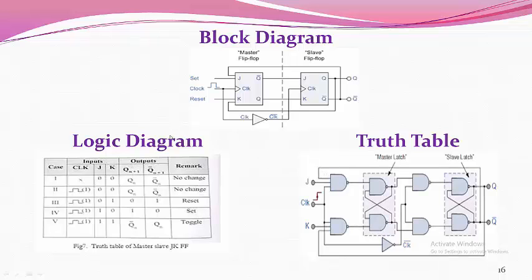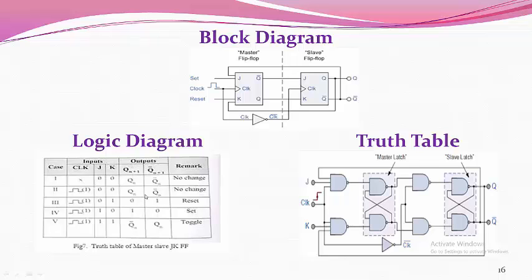Here the logic diagram is shown and the truth table is here. So now we will concentrate on this logic diagram, as we have explained in the block diagram. Same, the final output is determined by this slave circuit. J and K are the two inputs with the clock signal. Q and Q bar are the outputs in complementary format. These are the cases.